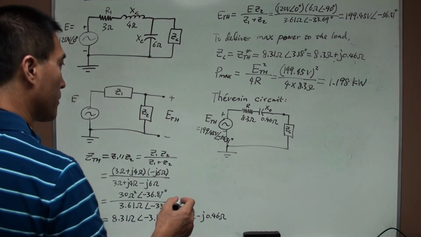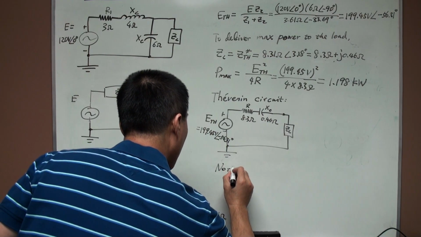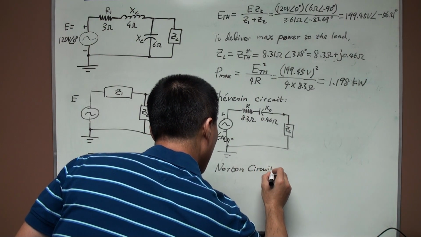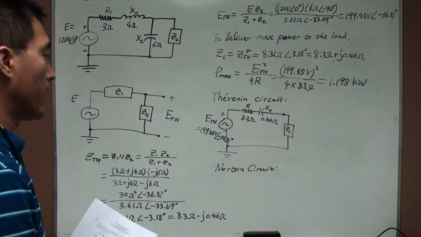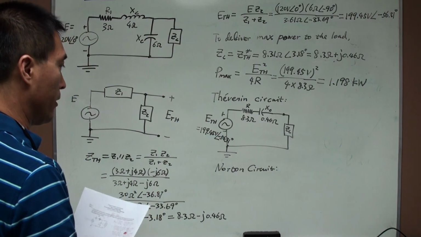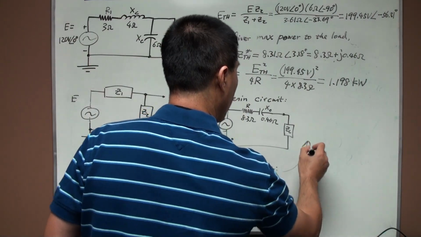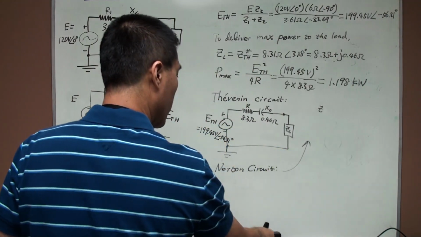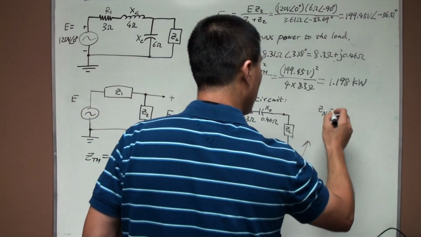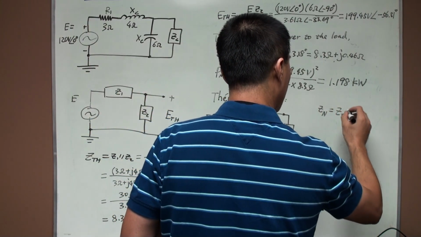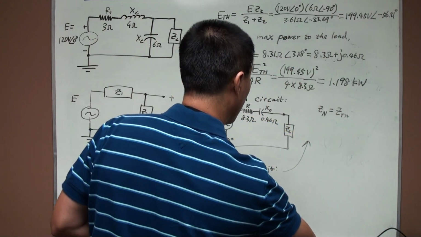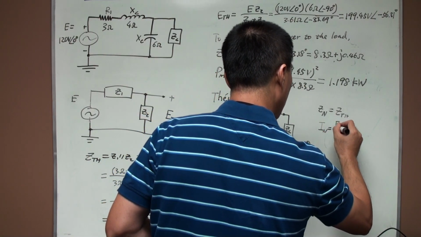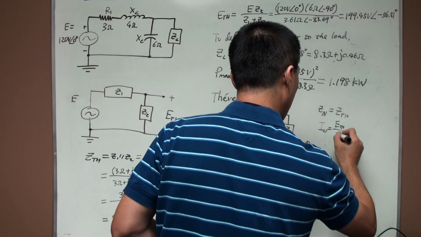For the Norton equivalent circuit, first you have to find ZN and IN. ZN is the Norton impedance, and ZN is equal to ZTH, so we don't need to calculate it because we already know ZTH. IN is equal to ETH over ZTH.